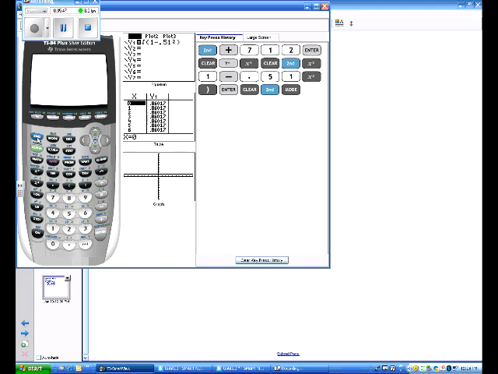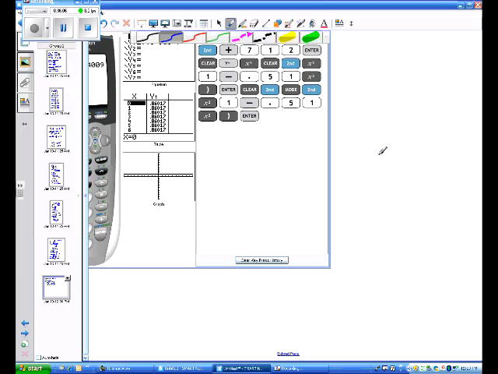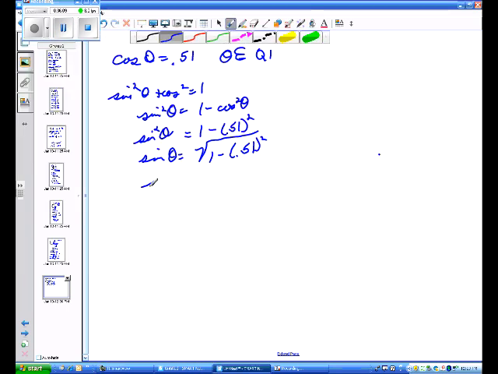So let's just clear all that out. So 1 minus 51 hundredths squared, close the parentheses, enter. And then if we round that off to 2 decimal places, we'll have 86 hundredths. So the sine of theta will equal, to the nearest hundredth, 86 hundredths.